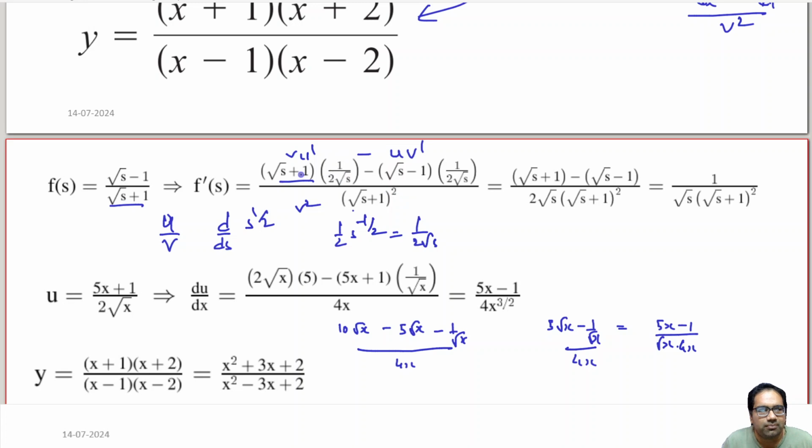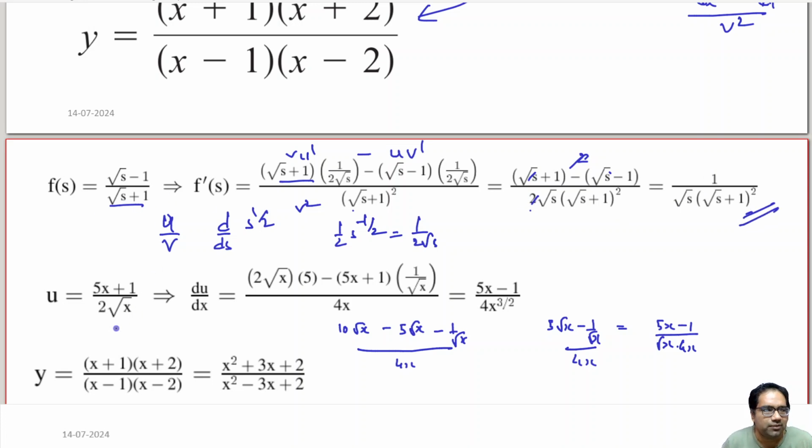We have 1/(2√s) common, so let's take it outside. Then (√s + 1) − (√s − 1), so this √s will get cancelled. We'll be left with 2 in the numerator: 2 by 2√s into (√s + 1) whole squared. This 2 and this 2 get cancelled. We have 1 by √s into (√s + 1) whole squared. So this is the derivative of this function.